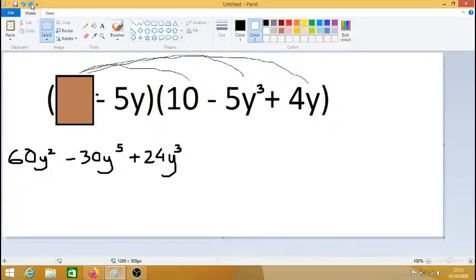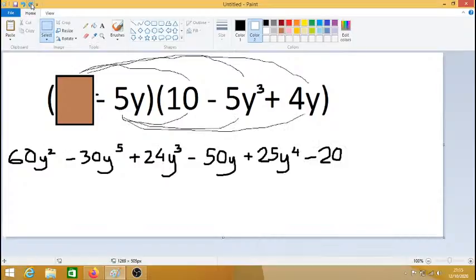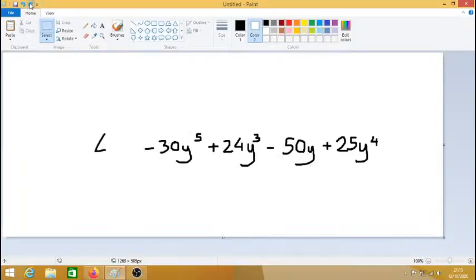So now it's clear that minus 5y is what you're working on, and you're multiplying that bit by bit, term by term, nice and clear. You don't have to get confused with what was there already, and then just simplify if you can at the end.